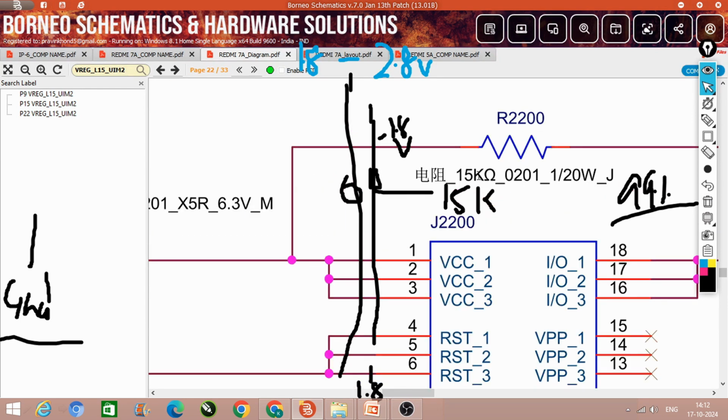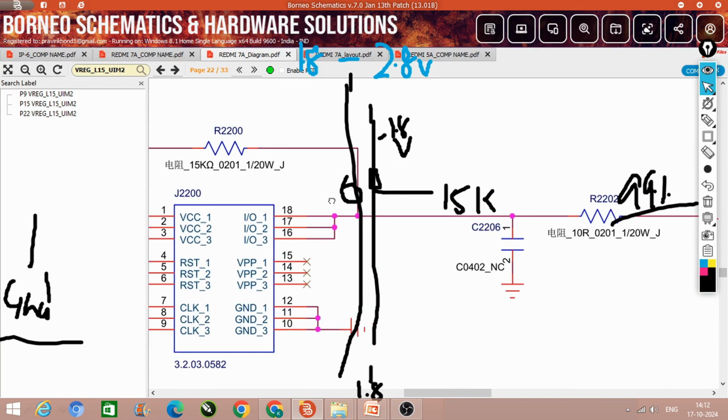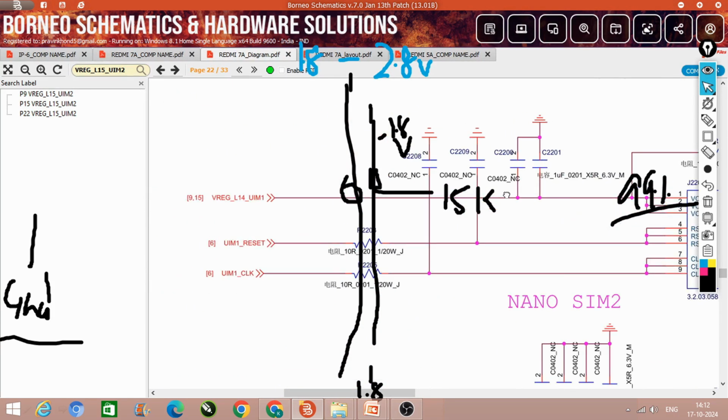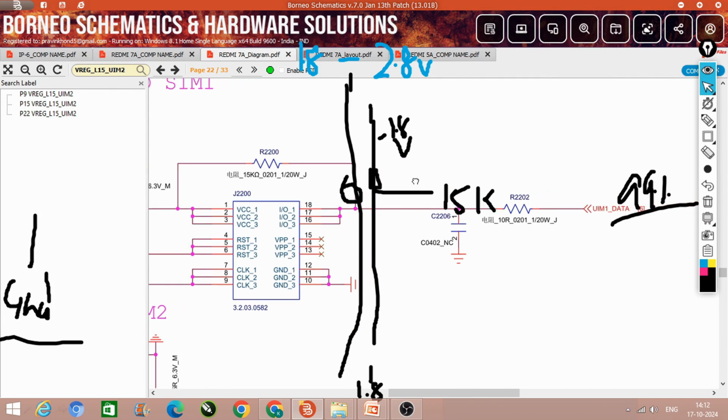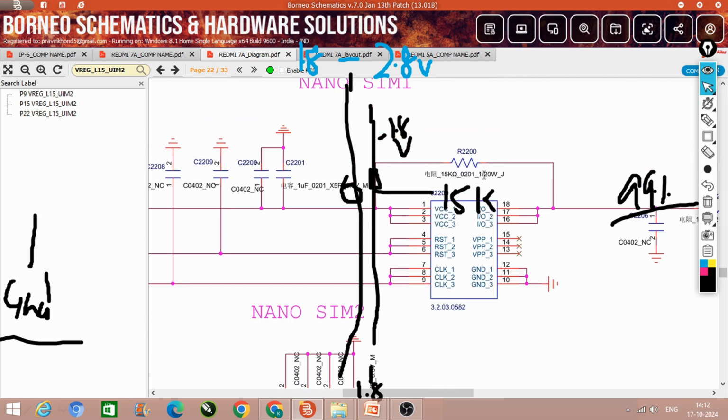This is the 15K resistance directly connecting to the data pin from L14 to data, right? Same here for the SIM2. If any one of these resistances is damaged, open, rising in value, whether SIM1 or SIM2, then the SIM does not work.